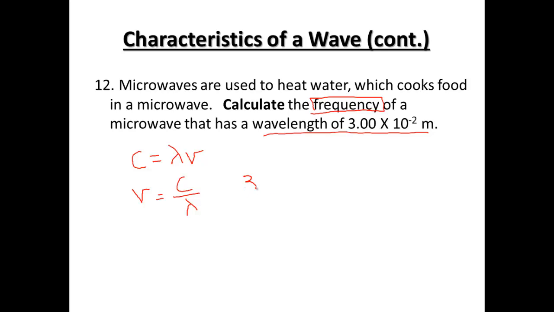So speed of light, 3.00 times 10 to the 8th meters per second over the wavelength, 3.00 times 10 to the negative 2 meters. Now right away, before we do our calculations, our units meters will cancel meters, leaving us with divided by seconds or per seconds.